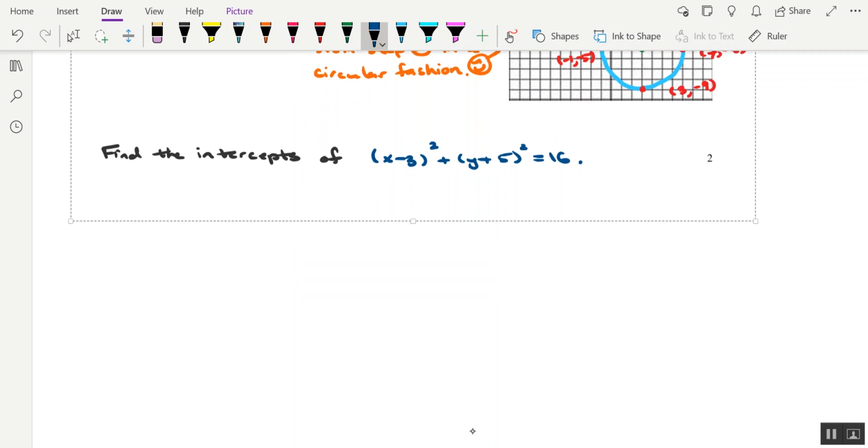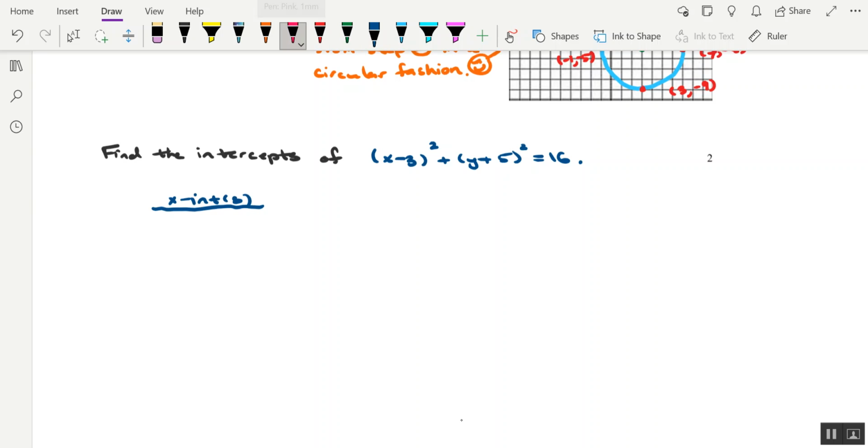First type of intercepts are x-intercepts. Now, as a reminder, to find x-intercepts algebraically, what we do is we set y equal to 0. And so that means in this standard form equation, we'll replace the variable y with the number 0 and then see what happens afterwards.